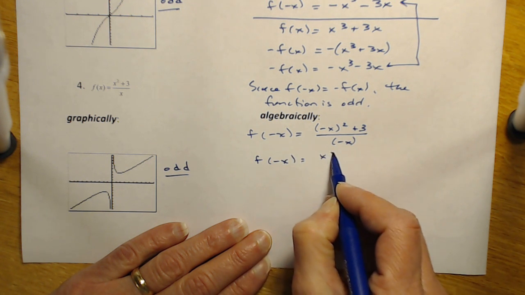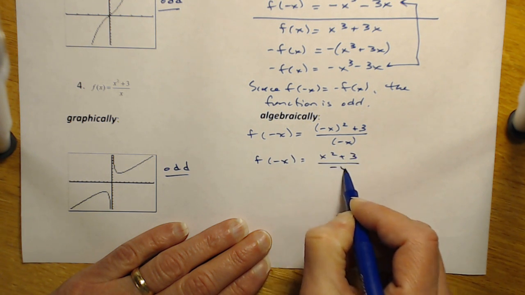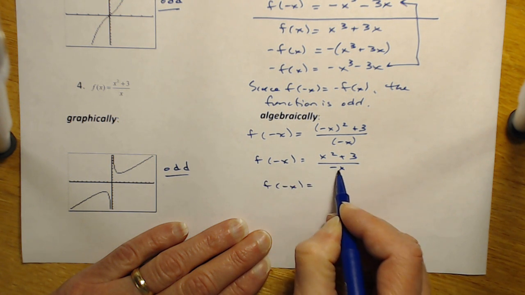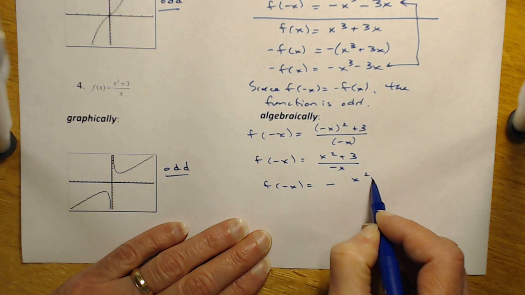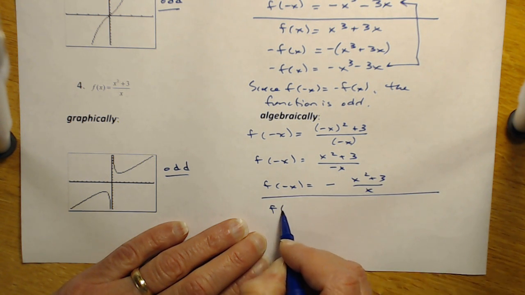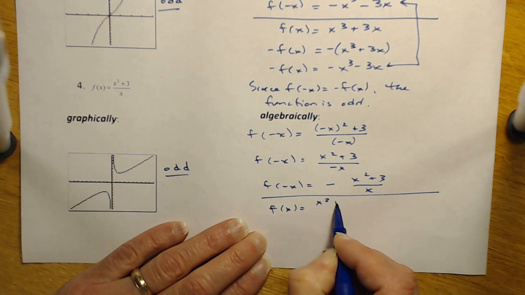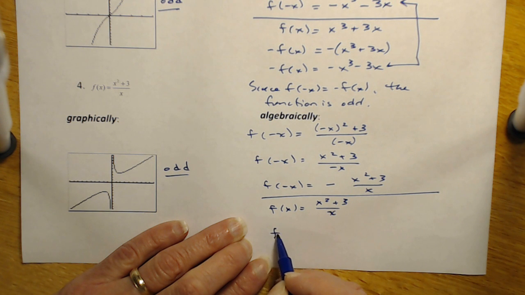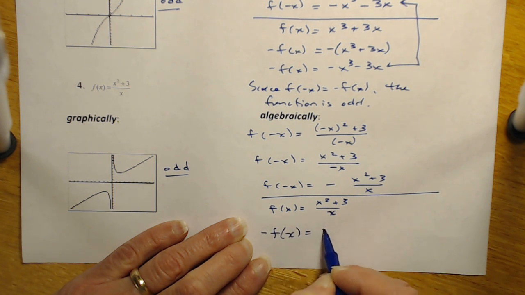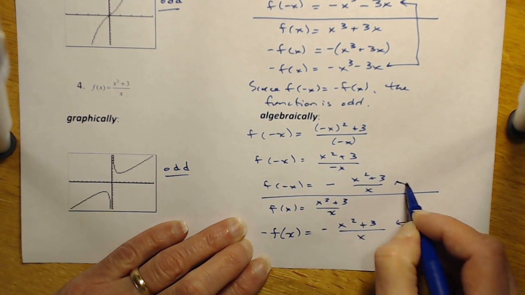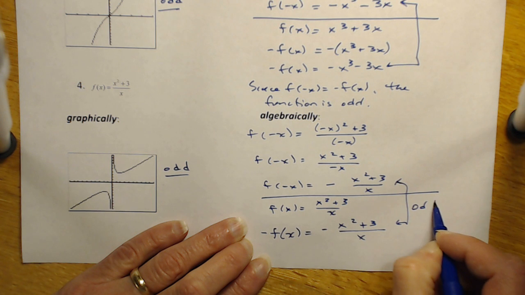So obviously this would just be x squared plus 3 on top and then negative x on bottom. Okay, and again, keep in mind you can put that negative in front of the whole fraction. So again, f of x, remember, started out as x squared plus 3 over x. Clearly not the same. But the opposite of f of x is negative x squared plus 3 over x. Those are equal. So again, that will be an odd function.